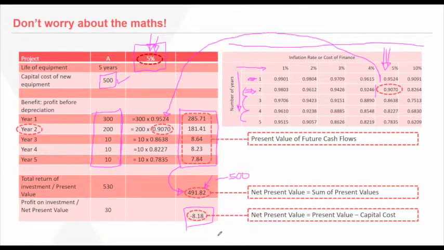As soon as we get a little bit more real world about this and include those time value of money effects, those inflationary effects, what we see is that project A is a non-starter. It erodes the value of our business, and we would never undertake it.